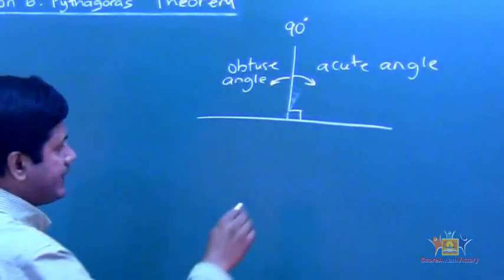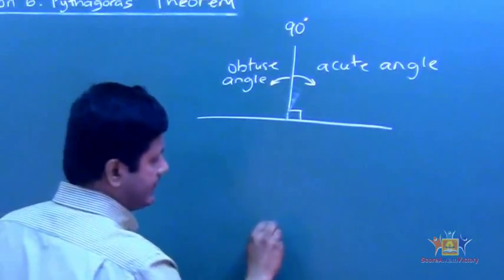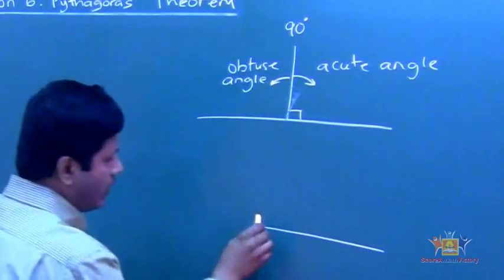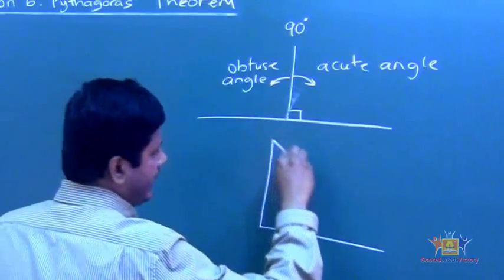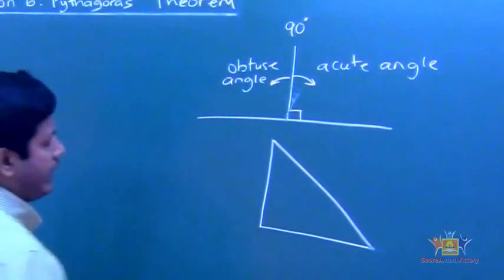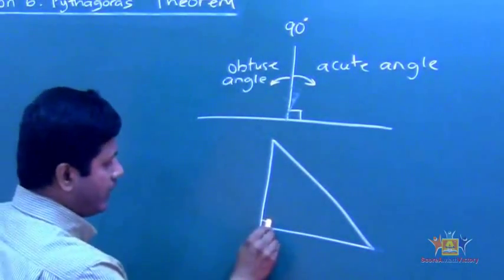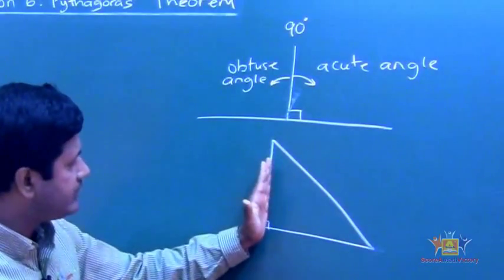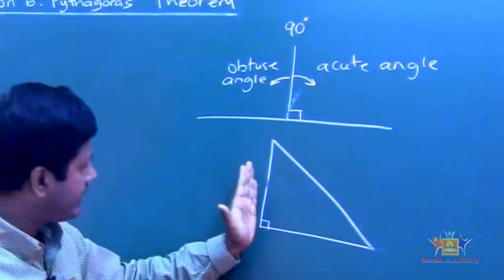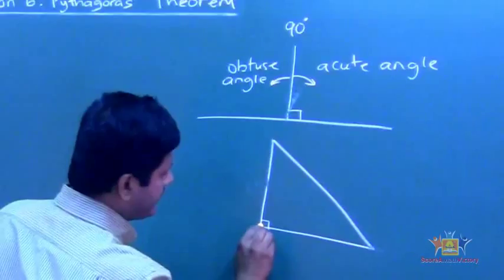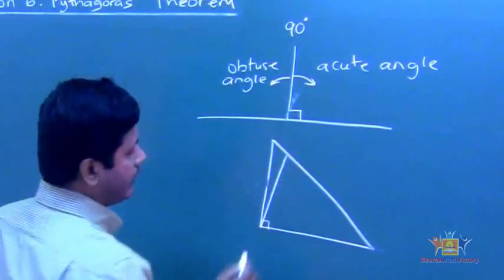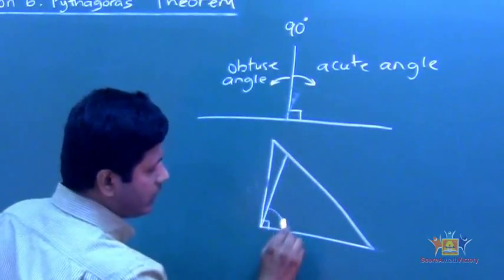So now, let's say this is the line, and this is a right angle triangle. If Mr. Mac decreases this line, this is considered acute.